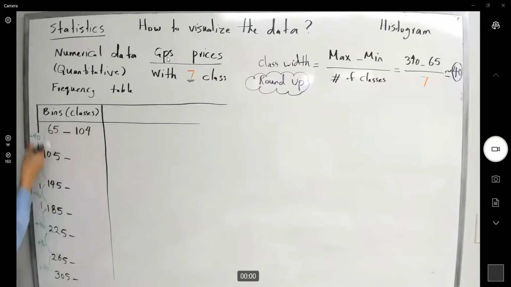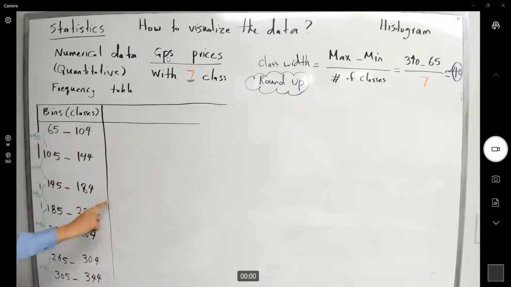You can do the same steps, adding 40: 144, adding 40: 184, adding 40: 224, adding 40: 264, adding 40: 304, and 344. I have 1, 2, 3, 4, 5, 6, 7 classes. 7 classes. Okay, cool. The very first step, creating the bins, done.